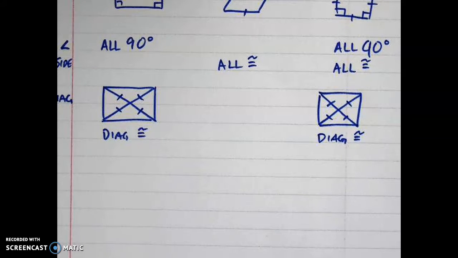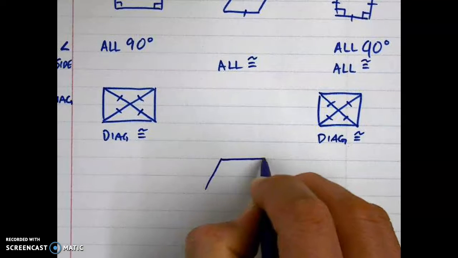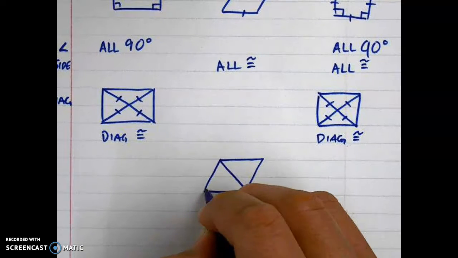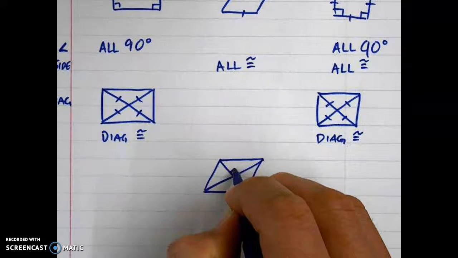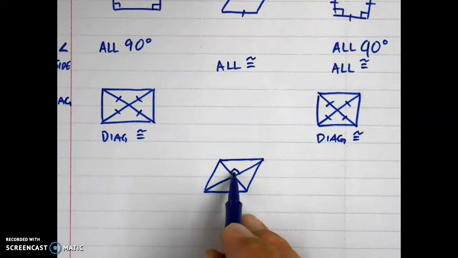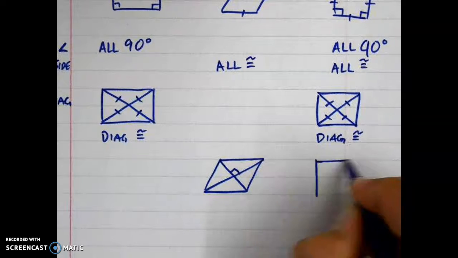Okay, something else is true about the diagonals. For a rhombus, the diagonals will be 90 degrees. In other words, perpendicular. All four of those angles right here will be 90 degrees. Same thing is true for a square.